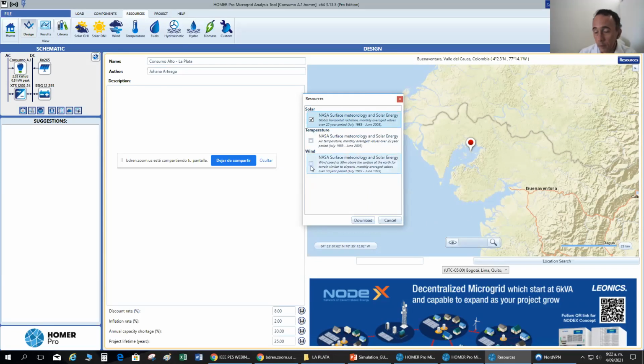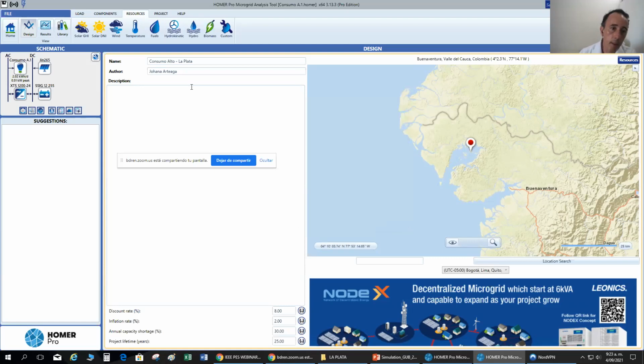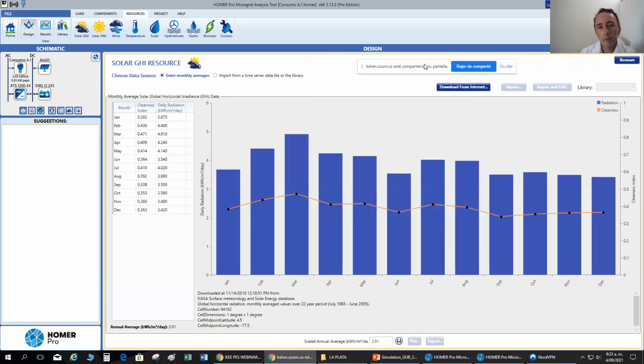If I need wind, because yes, I know they have a lot of wind here, I use it, but not in this case. So I say, okay, download, and I click on it, and then it appears a diagram like this one, where in this block diagram it shows us the daily radiation in kilowatt hour per square meter per day.